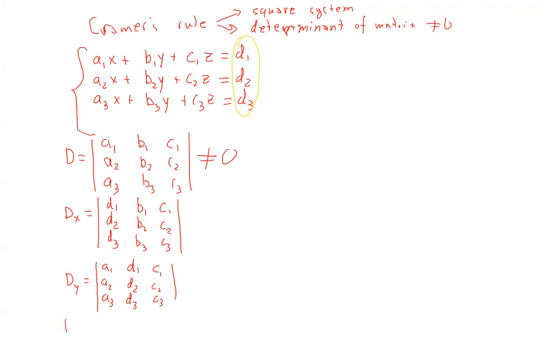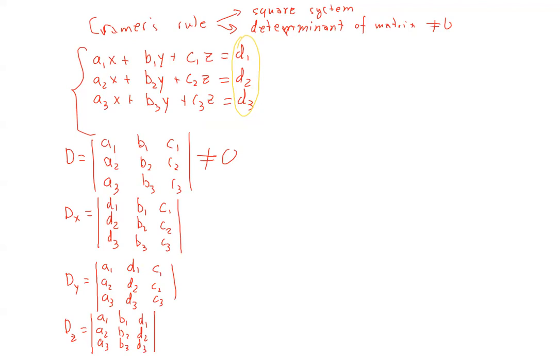And finally Dz. You would do that for any dimension, for any number of rows or columns. So a1, a2, a3, b1, b2, b3, and instead of the c's, you put the d's. So you need to compute these 4 determinants.